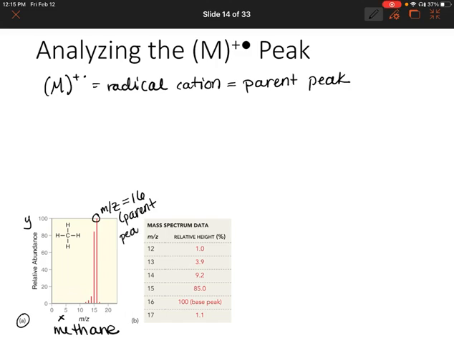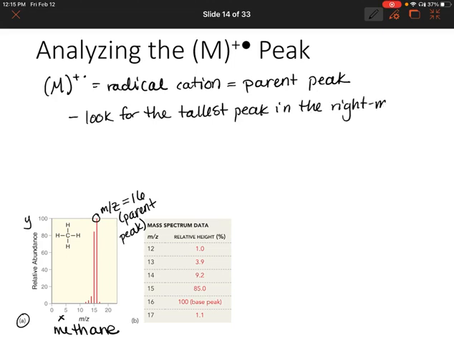Now, sometimes you'll have multiple clusters of peaks. So what you're really looking for is the tallest peak in the rightmost cluster. So the cluster that's furthest to the right.